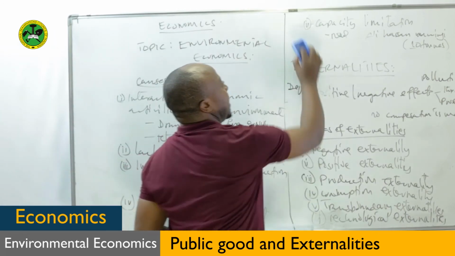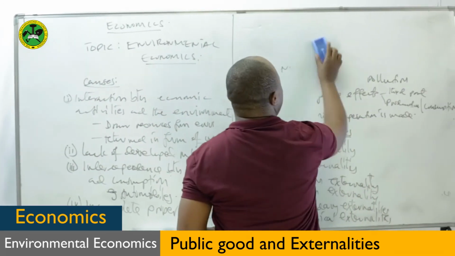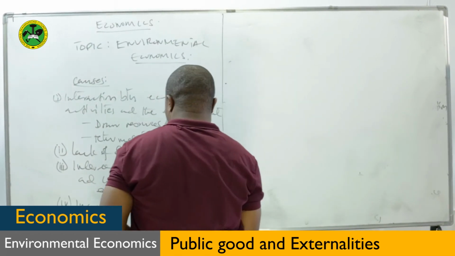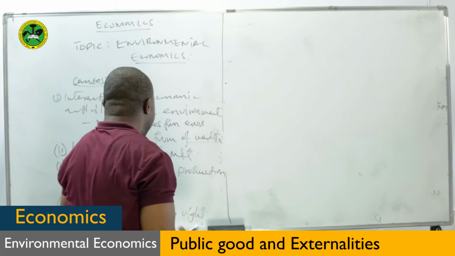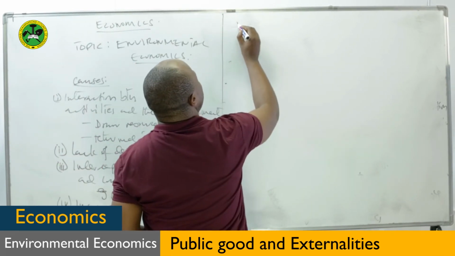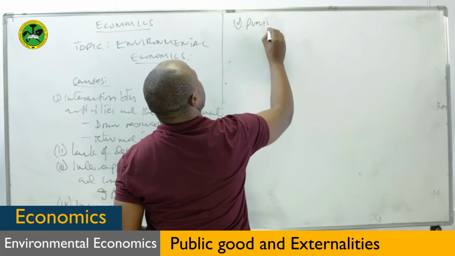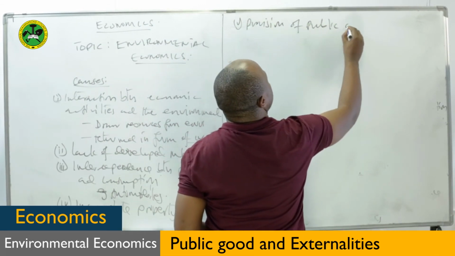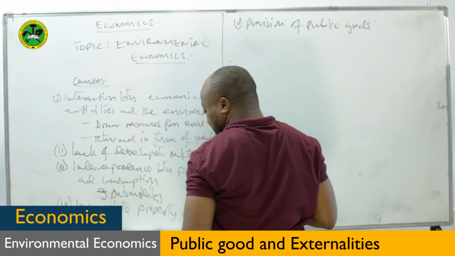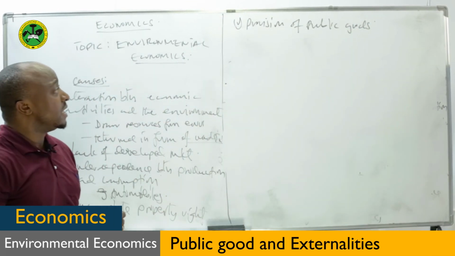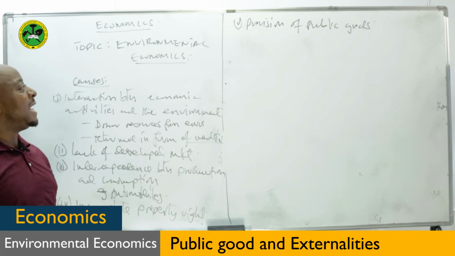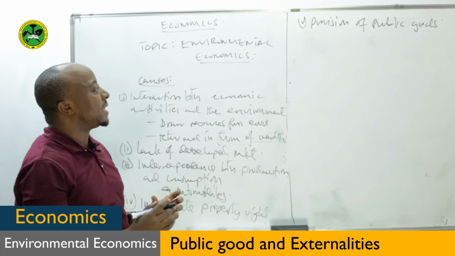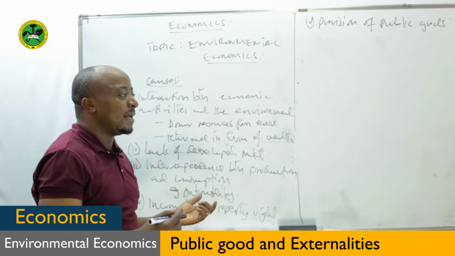And the last cause of externalities is the provision of public goods. Again, when you provide public goods, that is number 5, provision of public goods. We said public goods are goods which are non-rival but non-excludable. Now, such goods, in the process of production, create externality.